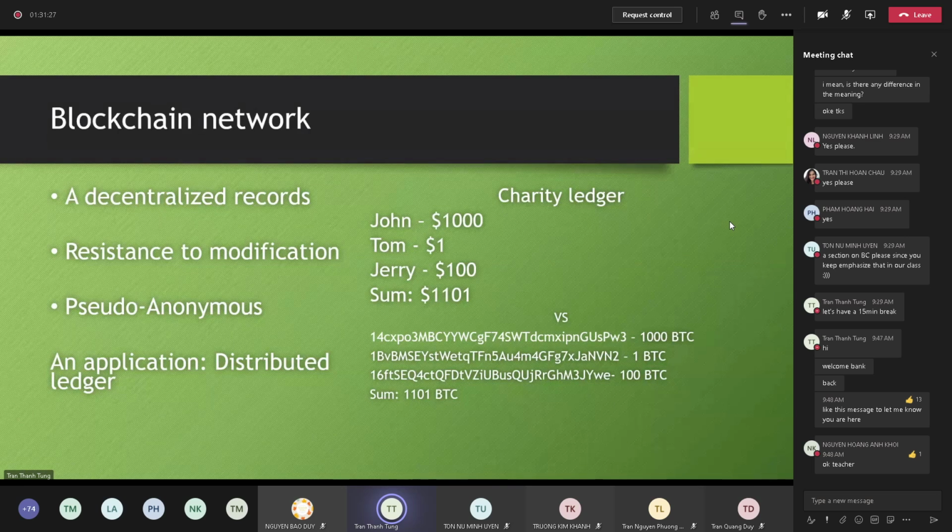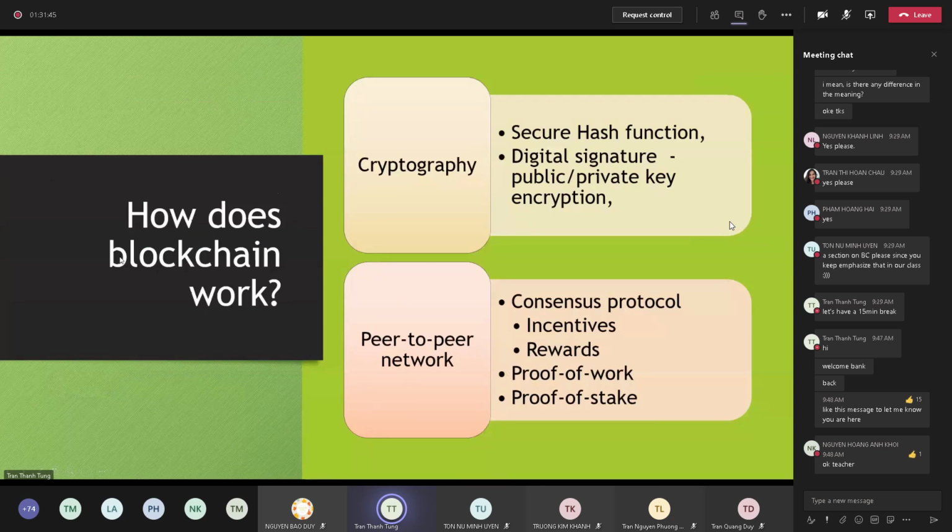Second, we have resistance to modification. Every time you write down something, you cannot change it. And third, it is pseudo-anonymous. I will try to show you this notion. First of all, resistance to modification.